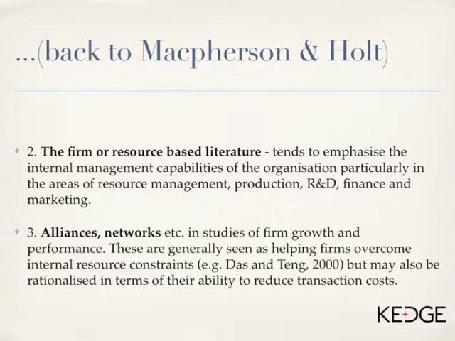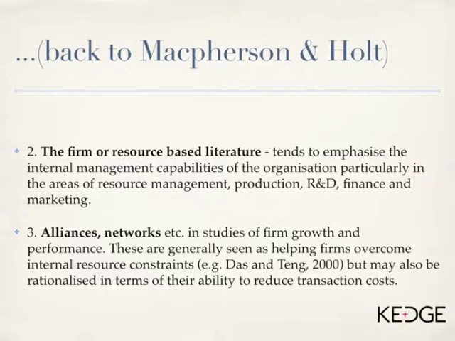McPherson and Holt also comment on the firm or resource-based literature. This tends to emphasise the internal management capabilities of the organisation, particularly in the areas of resource management, production, R&D, finance and marketing, again as being significant to firm growth. And thirdly, McPherson and Holt comment on alliances and networks in studies of firm growth and performance.